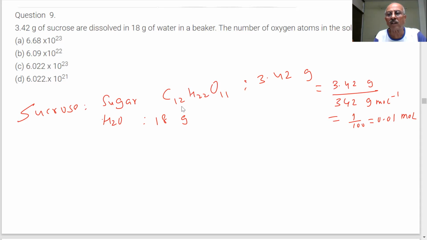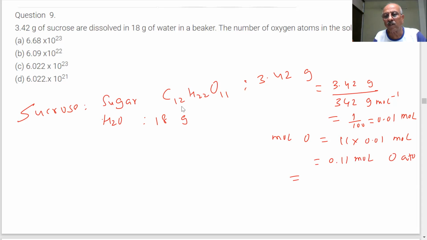And how many oxygens are there? Moles of oxygen, how much? 11 into 0.01 mole. What does it become? 0.11 mole of oxygen atoms.